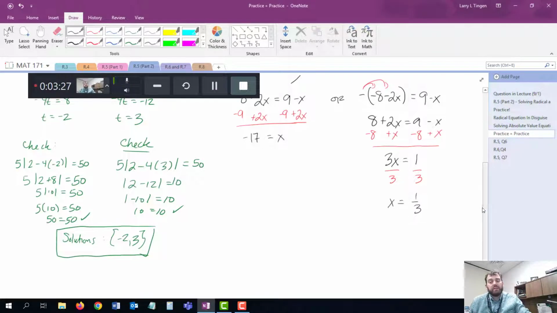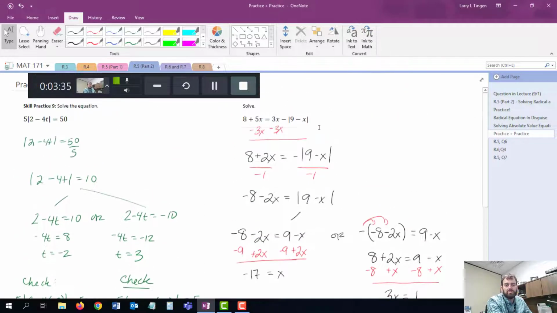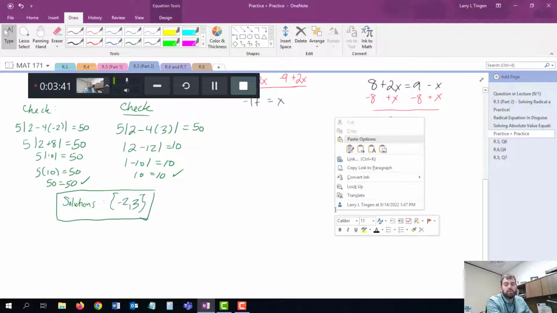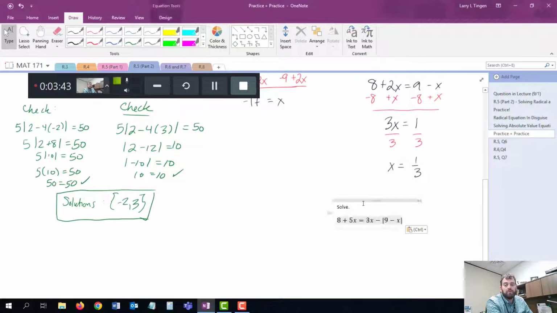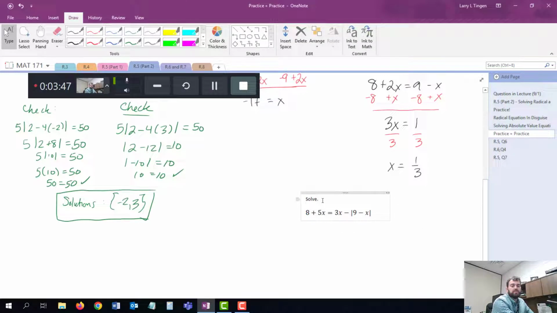Now, I do have to check these, and it is going to take a minute to do that. So I'm going to come back and just grab the original problem, copy and paste. Smarter, not harder. That's how we work. I'll just change this out here to check so that it makes sense.